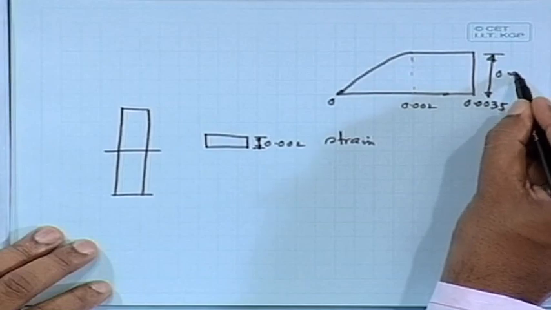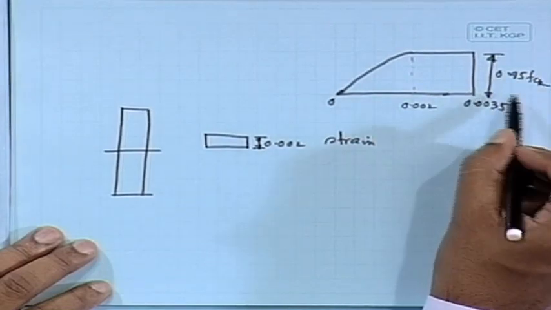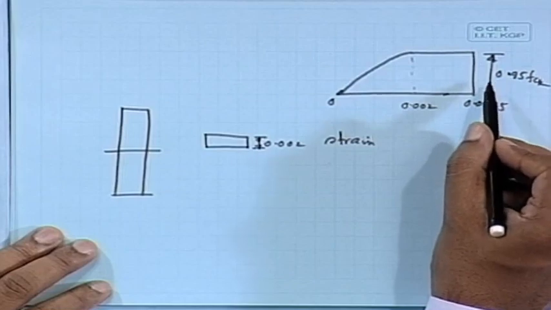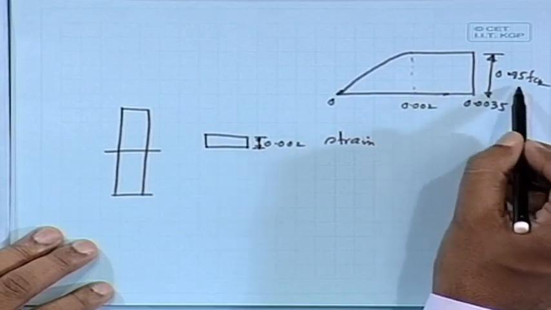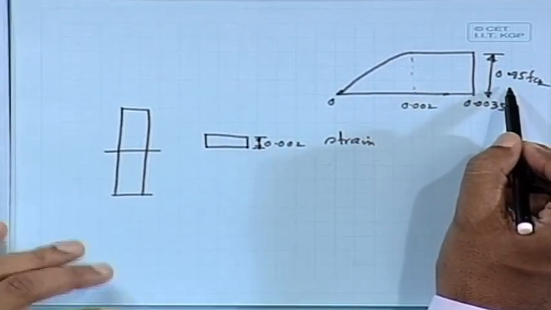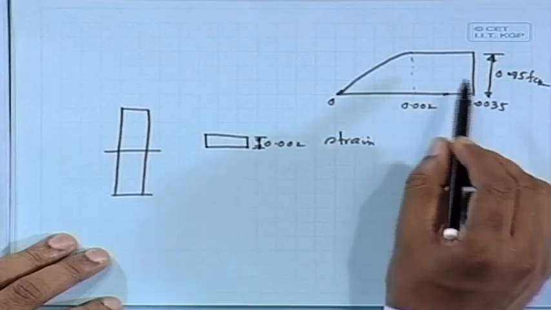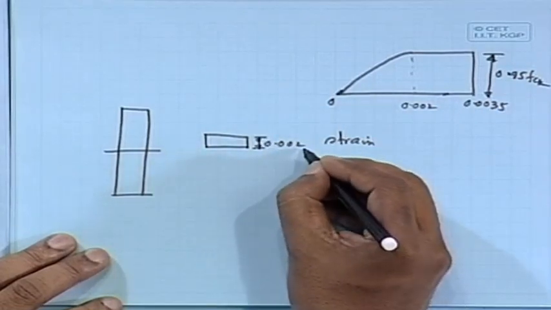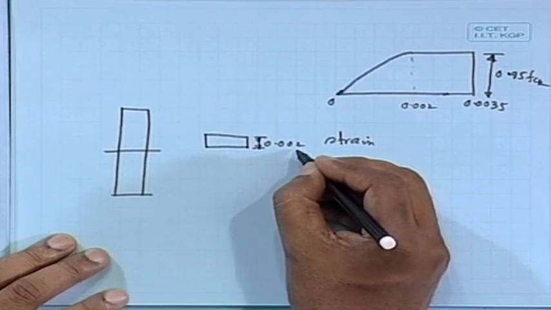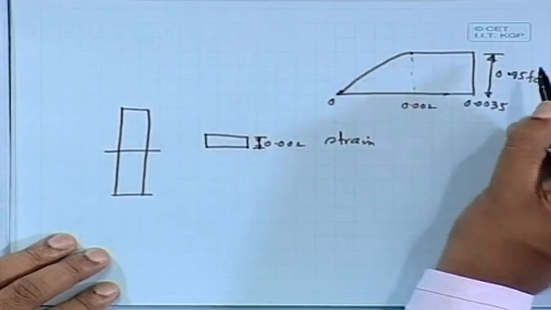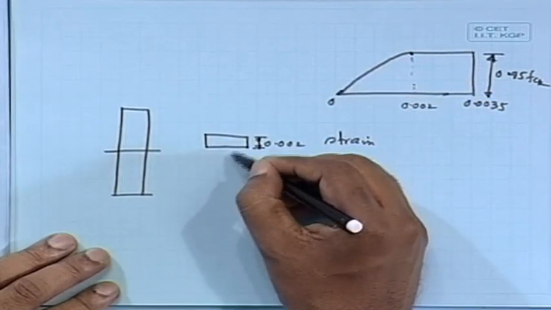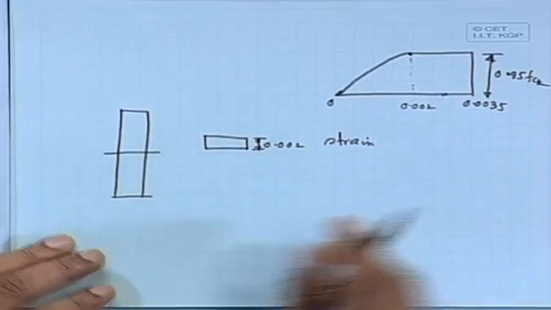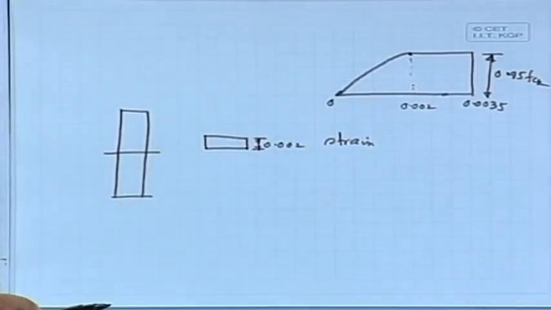This one 0.45 fck. 0.45 fck is the design stress that we have to accept after the partial safety factor and a lot of other things, that twice you are doing, then you are getting 0.45 fck, which is nothing but 4/9 of fck. So, since you are allowing 0.002 as the limiting strain for direct compression, that means you have already reached up to 0.45 fck. Here you are taking the maximum stress allowable. So, this is what your code says, that maximum compression strain you can use here.